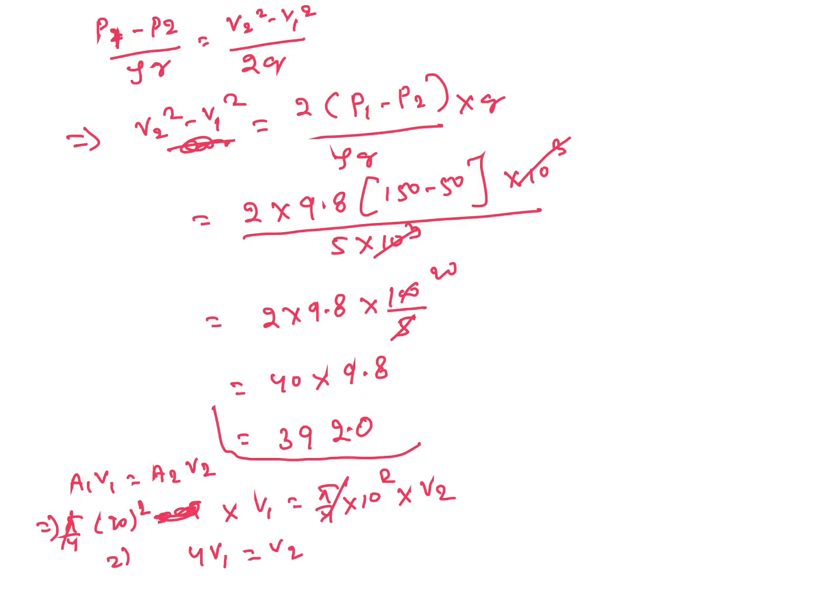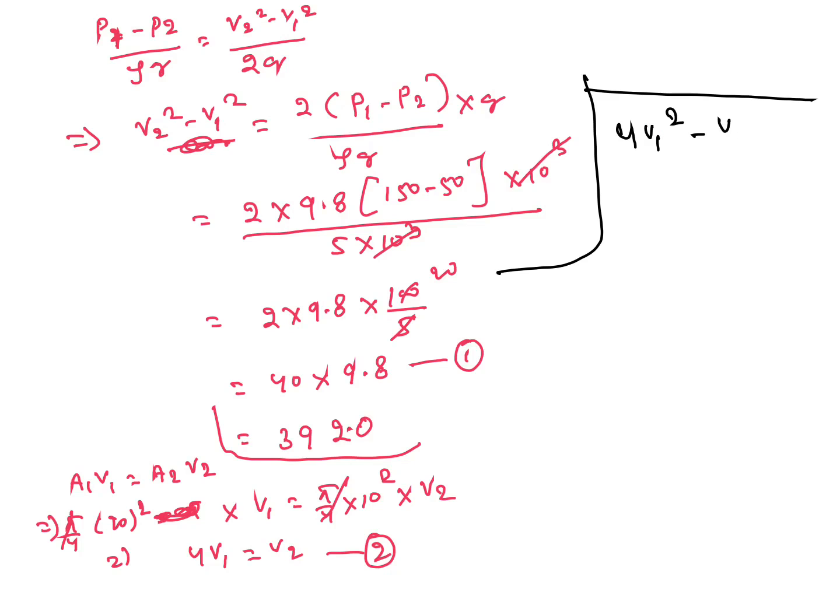So this is equation 1, this is equation 2. Put the values of equation 1 in equation 2. We'll get 16V1 square minus V1 square equal to 392. So 15 V1 square is equal to 392.